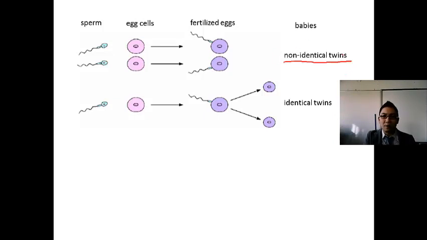So how does that happen? Well, you have to have two different sperm cells and two different egg cells, each with a unique combination of DNA or genes. And each one gets fertilized, and you have two fertilized eggs developing in the womb at the same time. So that's not very special.